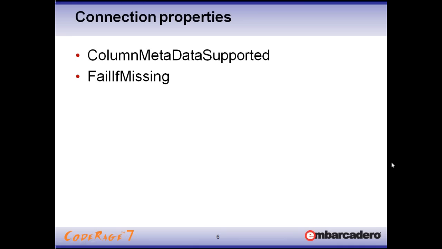There are a couple of connection properties that are unique to SQLite connections. The first property that I'll talk about is the ColumnMetaDataSupported property. This property allows you to control whether certain metadata APIs will get called by the driver. The SQLite client can be built with or without support for column metadata. If your client has been built without support for it, you will want to set this property to false.